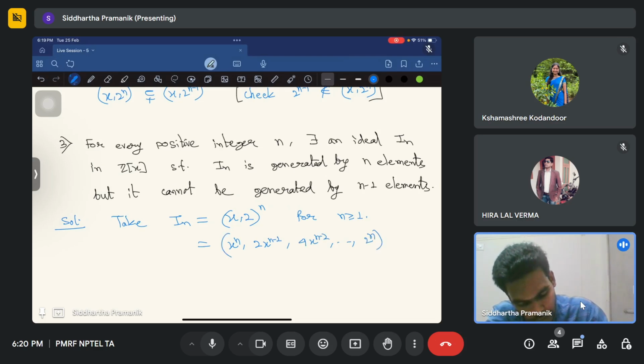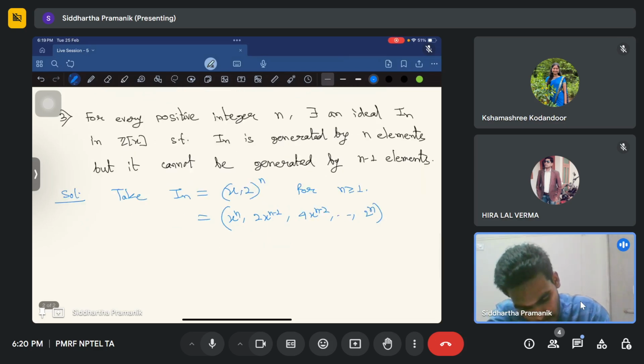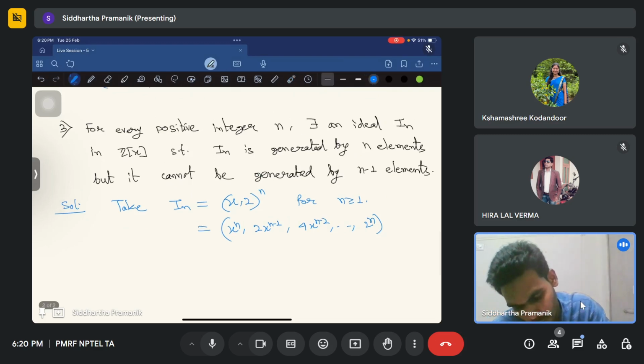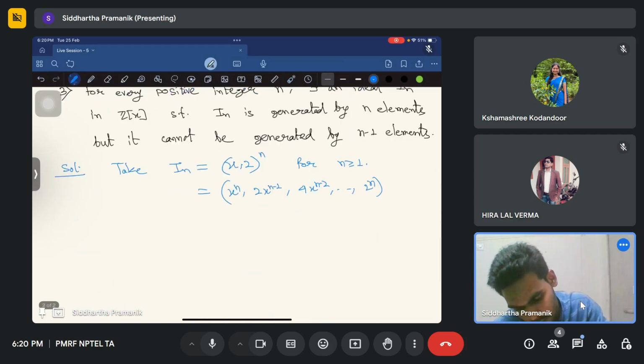So you will get n generators, or maybe n plus 1. There is something, one index might be off, but it cannot be generated by fewer than n elements. Okay, that verification I am not going to do because it involves some other results.